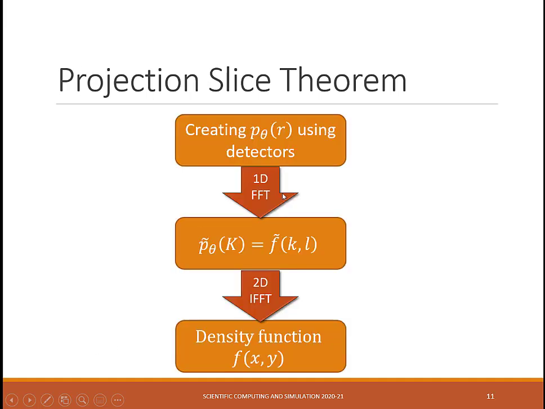So, if we know the p(theta, r) function of a body for all r and theta values, we can Fourier transform the function to obtain the function f tilde. Then, if an inverse 2D Fourier transform is applied to the function f tilde, we can obtain the unknown density function f(x, y). As I explained earlier, this function represents a cross-sectional image of the body.